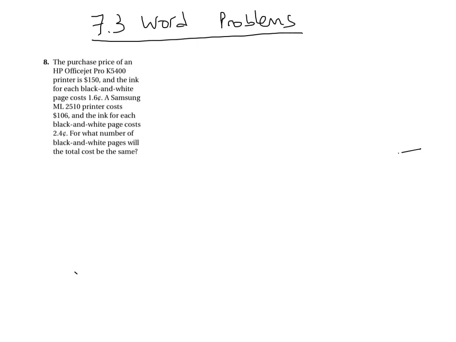We're going to say the cost to print for an HP printer, so C just represents the total cost, is going to be $150 because we have to buy the printer. And then it's 0.016. That's 1.6 cents. Remember, everything's in dollars. If this is in dollars, this has to be in dollars.